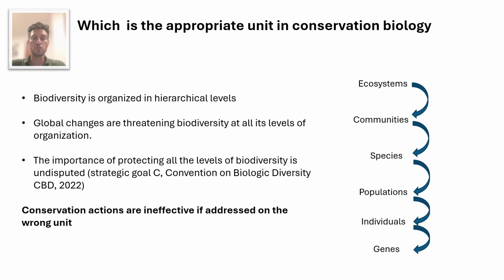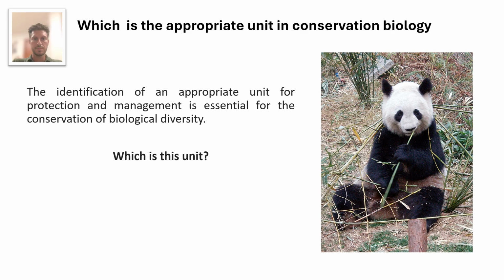However, conservation actions are ineffective if addressed on the wrong conservation unit. Therefore, the identification of an appropriate unit for protection and management is essential for the conservation of biological diversity. But which is this unit?